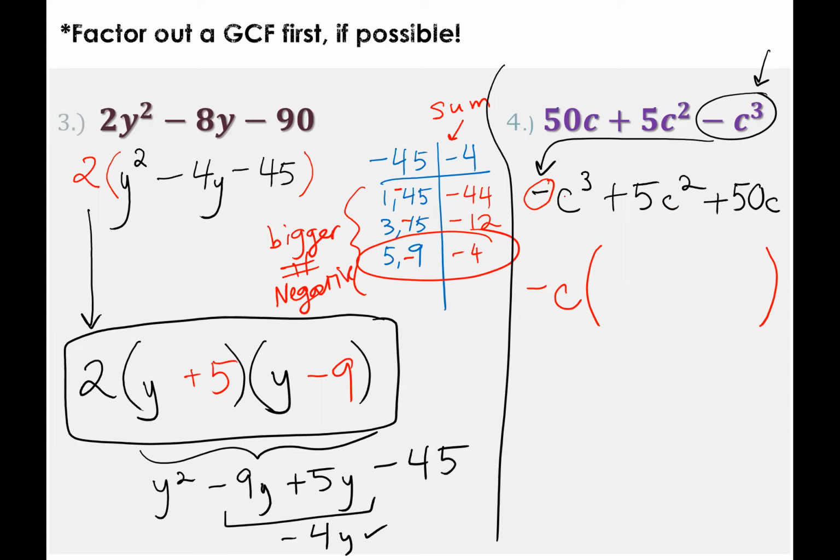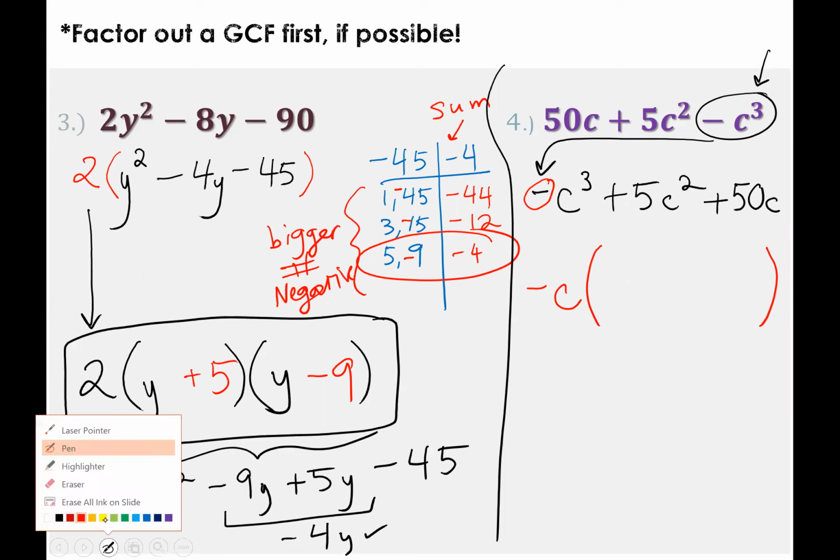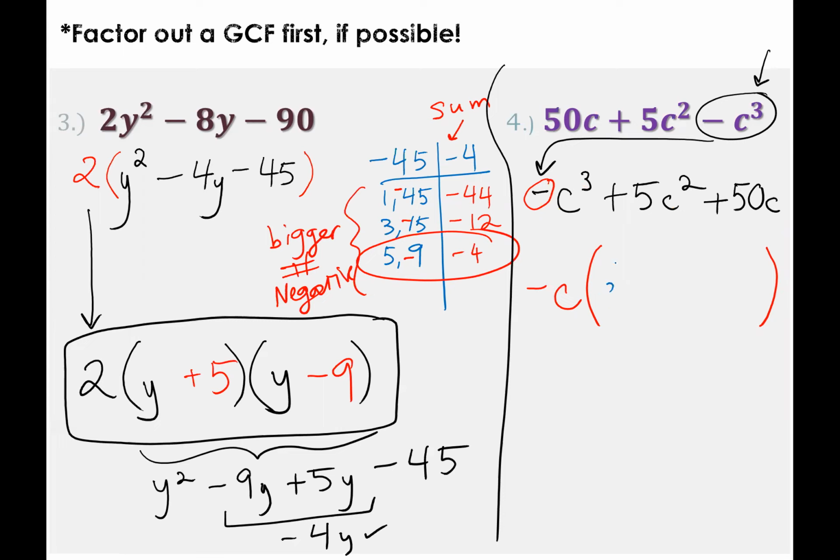So negative c to the third divided by negative c, we will be left with positive c squared, right? Because we're essentially subtracting a 1 exponent from each of these terms because we're factoring out c. So we'll be left with fewer powers of c left over.